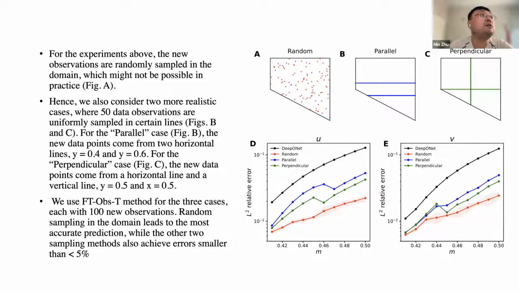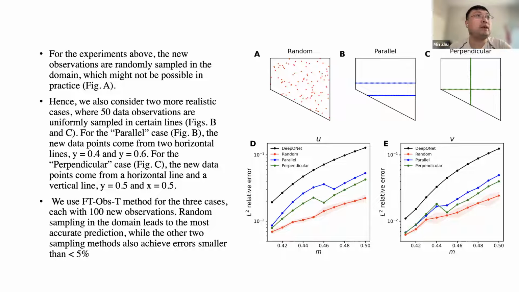And last, for the experiments above, the new observations are randomly sampled in the whole domain, which might not be possible in practice. Hence, we also considered two more realistic cases where 50 data observations are uniformly sampled in certain lines.